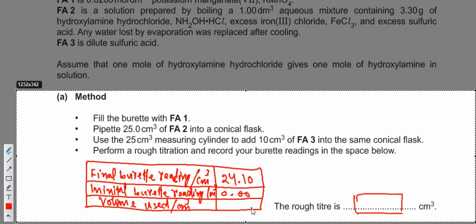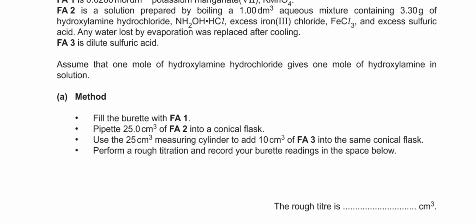So these are my rough titrations. So why do we follow this pattern? Final is up, the initial is down, so that we can easily subtract. And you see the final answer is again 24.10. So we can say 24.10 is our rough titration. Note it down properly, and I am proceeding.